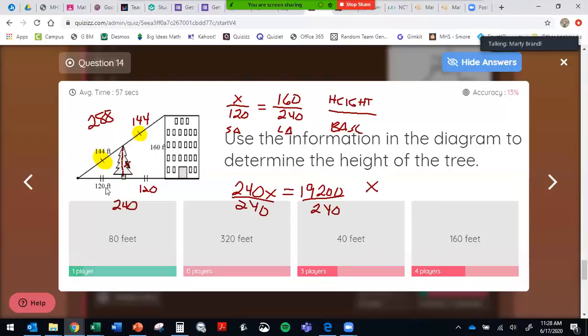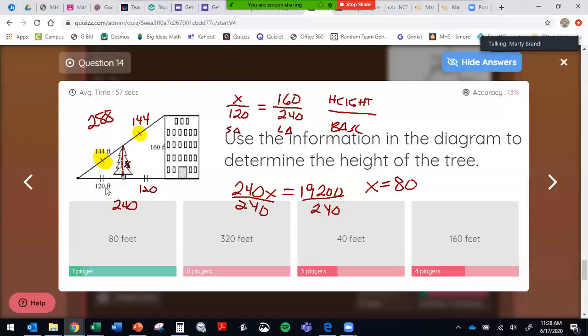And then we end up with x equals 19,200 divided by 240, which should be 80. And sure enough, it is. So we end up with x equals 80 for our height. Okay?